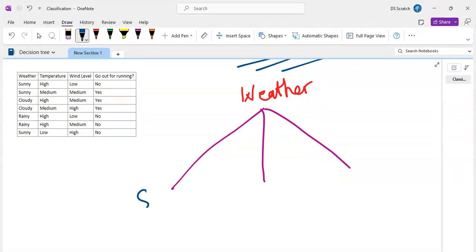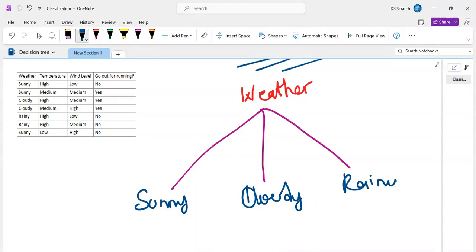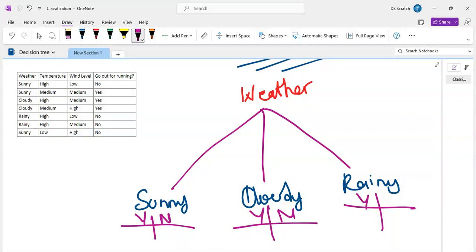We have sunny, then we have cloudy, and then we have rainy. Okay, for sunny, how many people will go out, how many people won't go out, and for cloudy, similar to that, and for rainy, same.